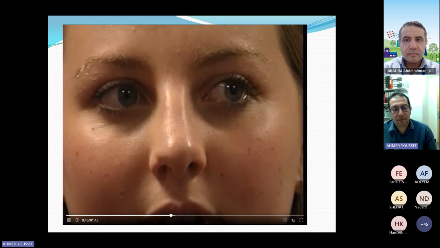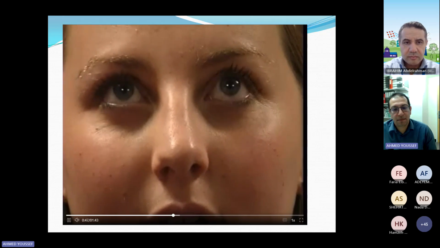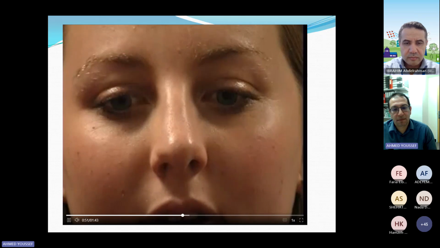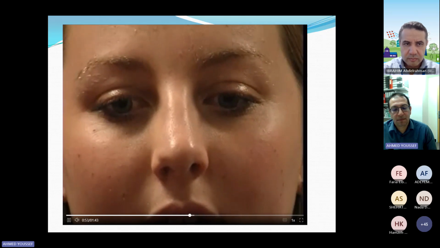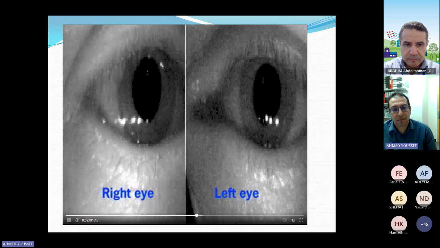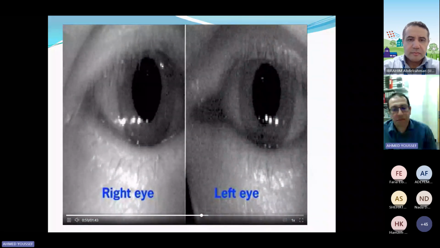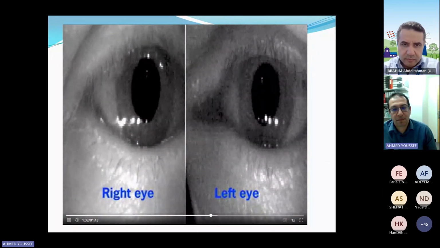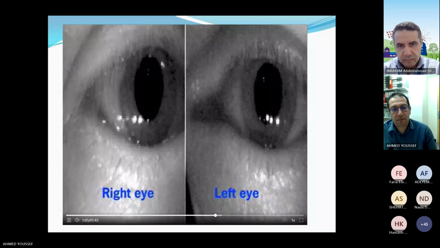With a peripheral vestibular lesion, the intensity of nystagmus should increase when the patient looks in the direction of the fast phase. This is Alexander's law. This patient has a right beating nystagmus present in all directions of gaze, but it is more obvious when he looks to the right.